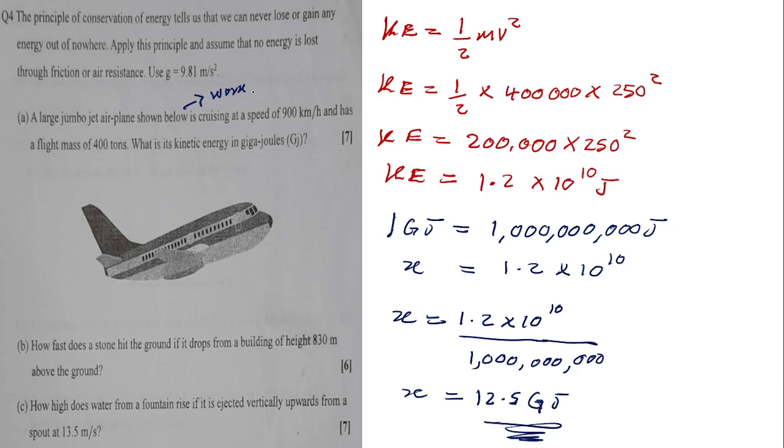It's coming from the topic work, energy and power, but the only thing is that there is an inclusion of unit conversion, which you guys are supposed to make sure that you know.